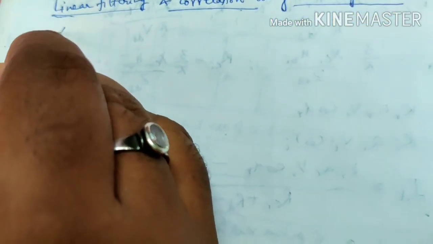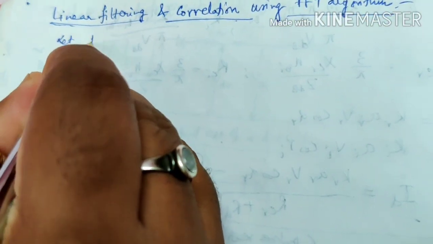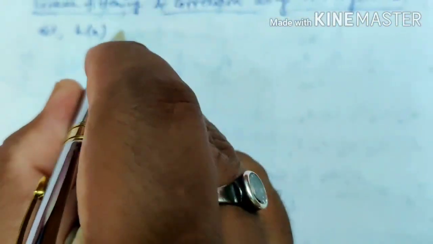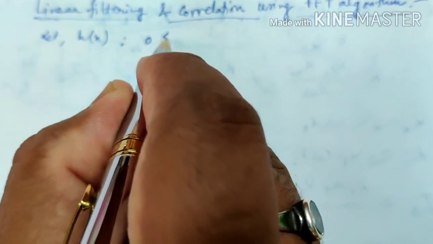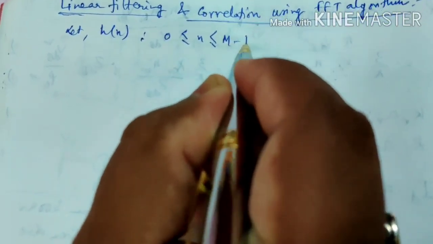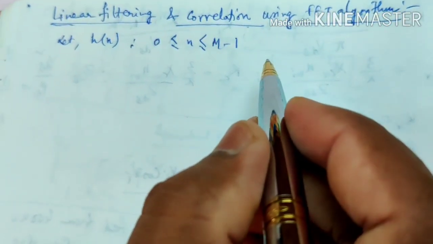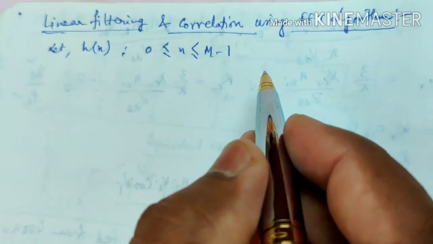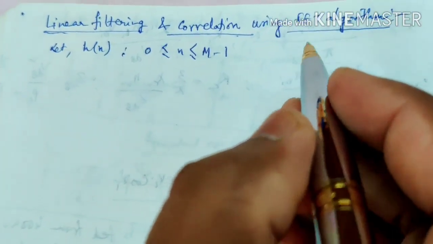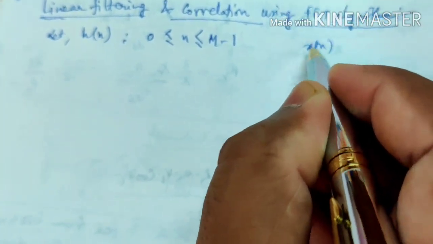So let h(n), the impulse response, lie between 0 and M minus 1. This is the unit sample response of an FIR filter, and let x(n) be the input data sequence.